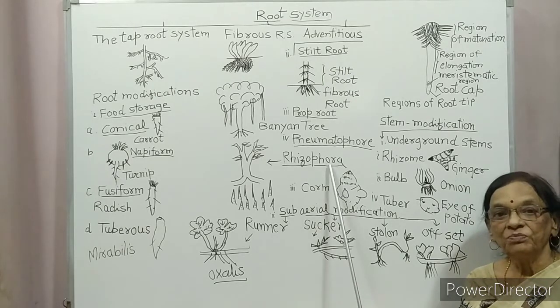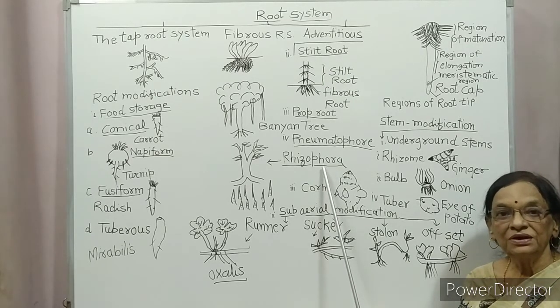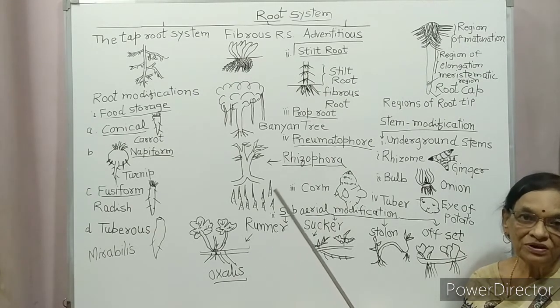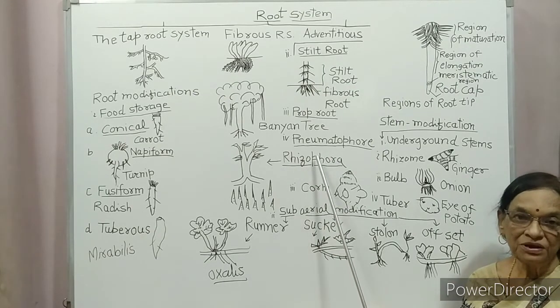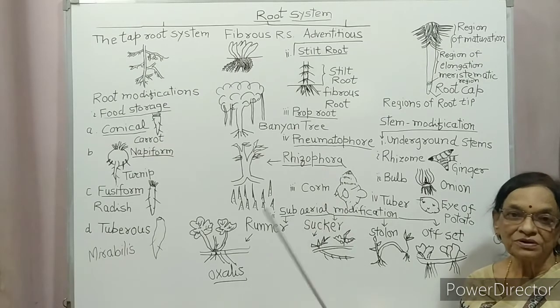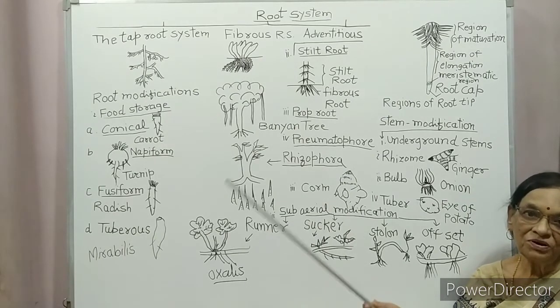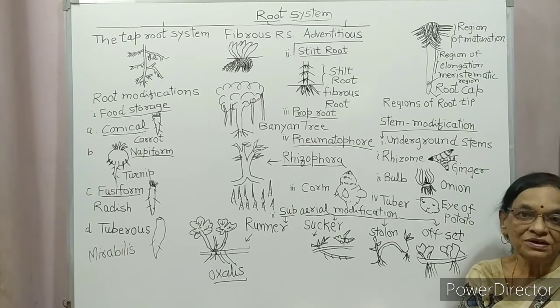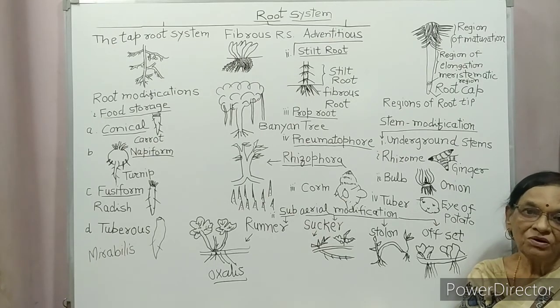This chapter is important from the practical point of view also. In practical exam you will get 3 specimens from this chapter: one of root modification, second of stem, and third is the leaf modification.